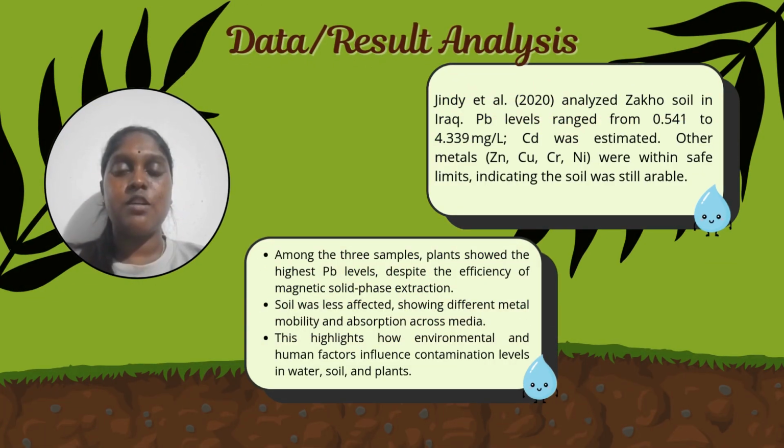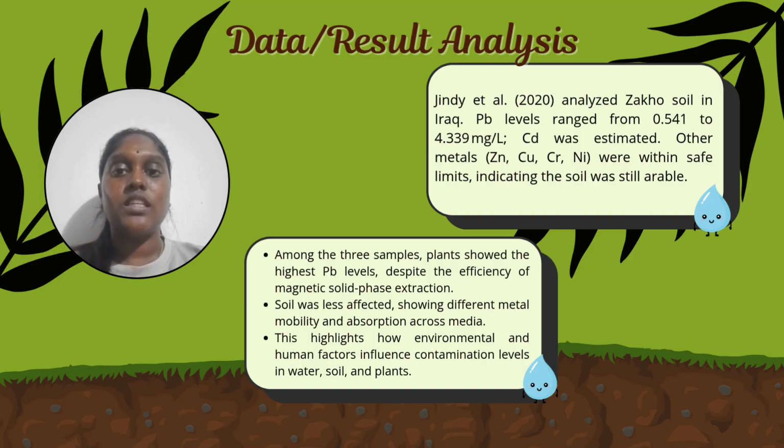Soil samples from Zakho, Iraq were tested for heavy metals. Lead was found between 0.541 and 4.339 milligrams per liter, and cadmium was estimated. Other metals like zinc, copper, and nickel were within safe limits, so the soil still looks suitable for farming.